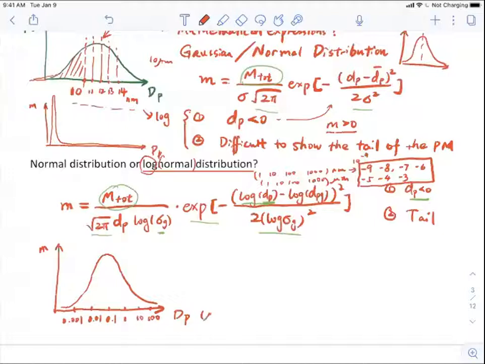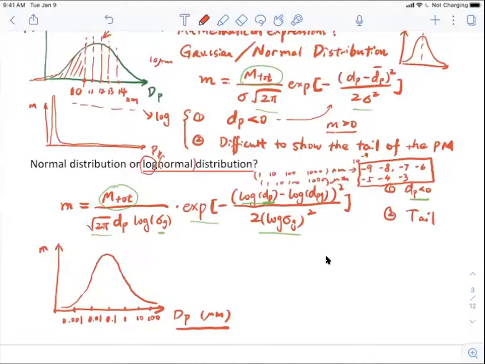Okay, let's say we plot it in micrometers. So with this log normal form, we can start to plot particles of all different sizes onto this same plot, right? So these are the two advantages of using the log normal size distribution.